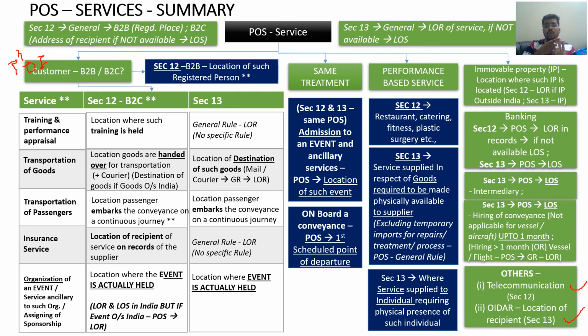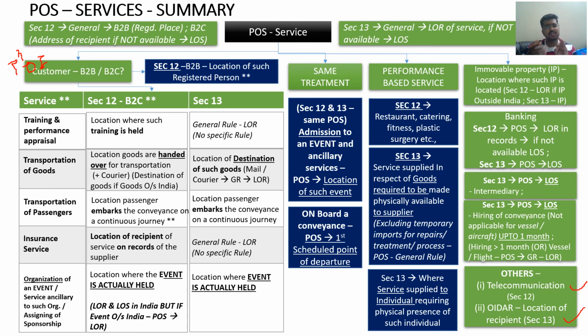The second scenario was services in respect of temporary imports into India, where goods are temporarily imported for repairs or treatments or process, any of these three is done on the goods and without putting any use in India. After the service is provided, you then export it back outside India.